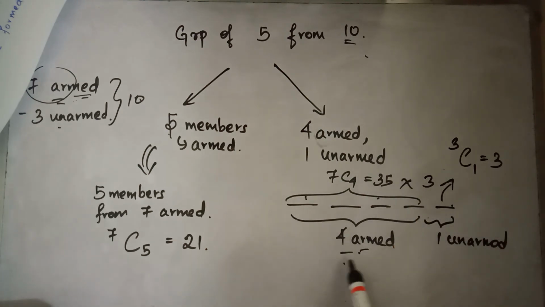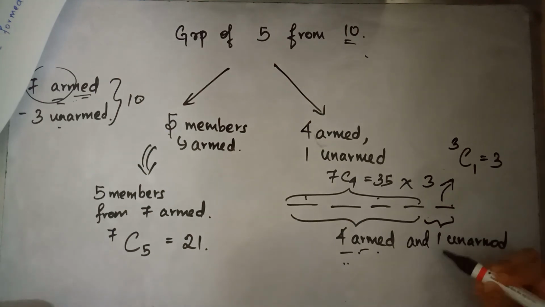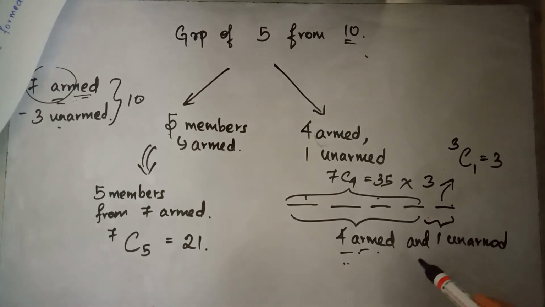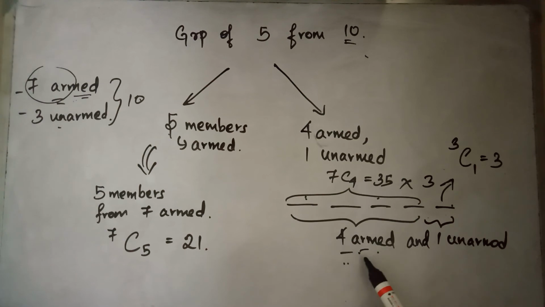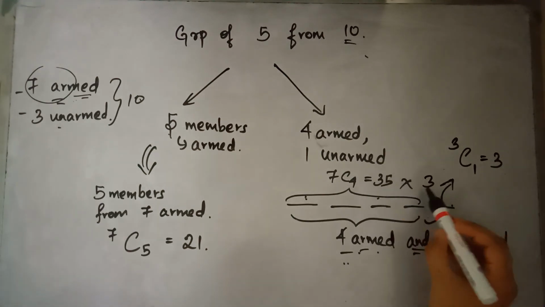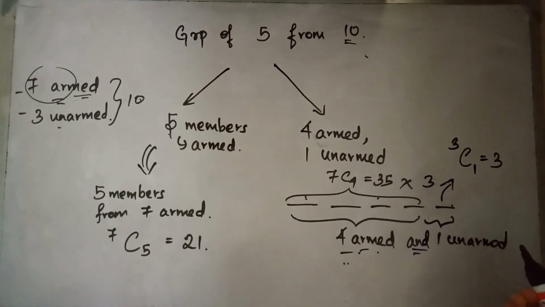Because this committee must contain 4 armed members and 1 unarmed member. Now there are times when even I get confused about whether it's multiplication or addition. During all of those times, what I do is I just try to frame a sentence in my mind. So in this case, a committee must contain 4 armed members and 1 unarmed. So I'll automatically have multiplication. So I'll have 35 into 3 and that will give me 105.